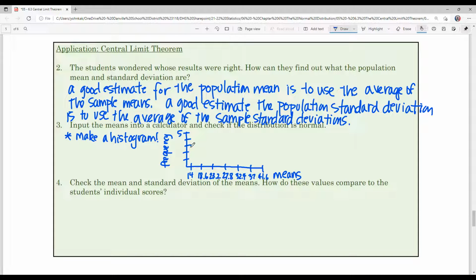I went to 3, and then I went to 5 for a couple, and then I went to 1 for a couple. So there is my histogram. Well, looking at this histogram, it doesn't look extremely normal. It doesn't look severely skewed.